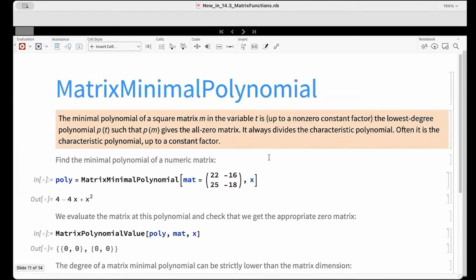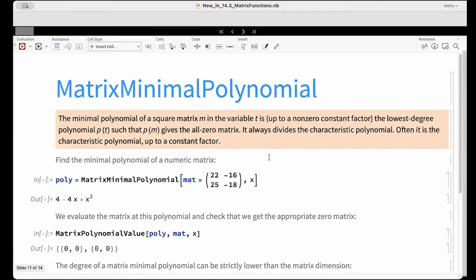This is a function that we have considered off and on for a long time, the matrix minimal polynomial. What is that? Well, if you remember linear algebra, there's the characteristic polynomial, which is fairly simple to evaluate and for which we have a function, CharacteristicPolynomial. And a fact from linear algebra, a theorem, is that if you evaluate the matrix itself at its characteristic polynomial, you'll get the zero matrix.